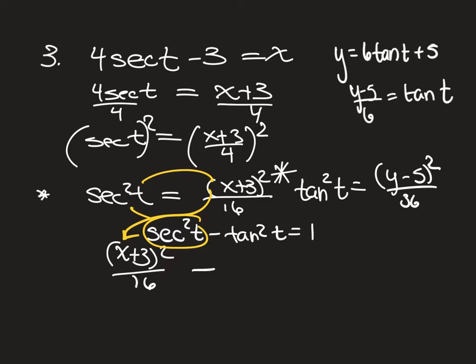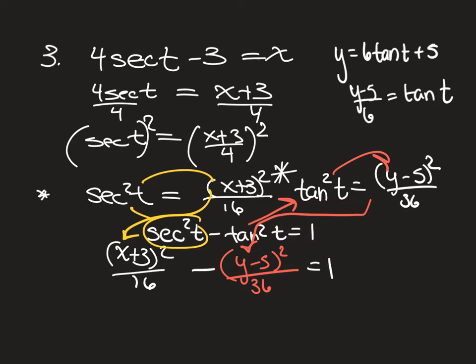Minus, I'm going to take this, which is this, and replace it into here. So I'm going to have y minus 5 squared over 36 equals 1. So here is what you would write on line B. That's your standard form.